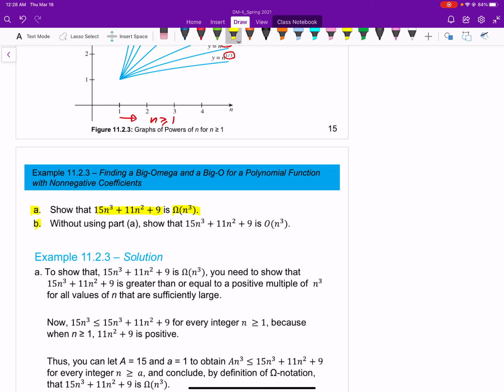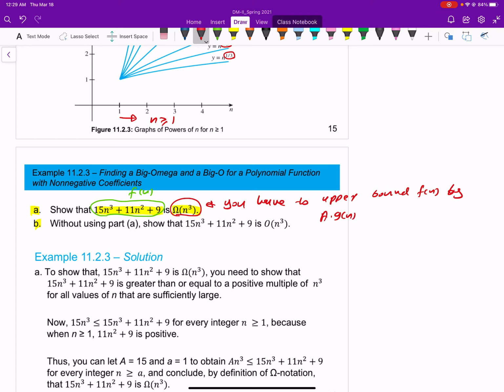When it says omega, you have to upper bound. You have to keep that in mind. When it says omega, you have to upper bound f of n by some constant times g of n.